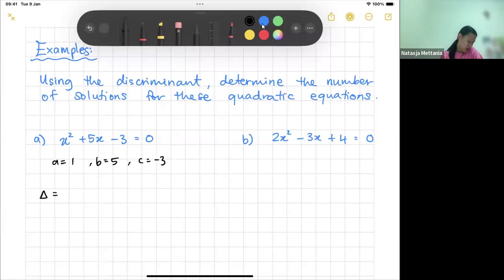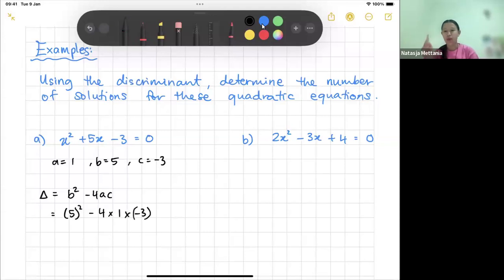Once I've done that, I am going to write down my formula: discriminant equals b squared minus 4ac. Then simple substitution. b is 5, squared, minus 4 times, mind you, between the 4, a and c there's an invisible times, so 4 times my a, which is 1, and my c, which is negative 3.